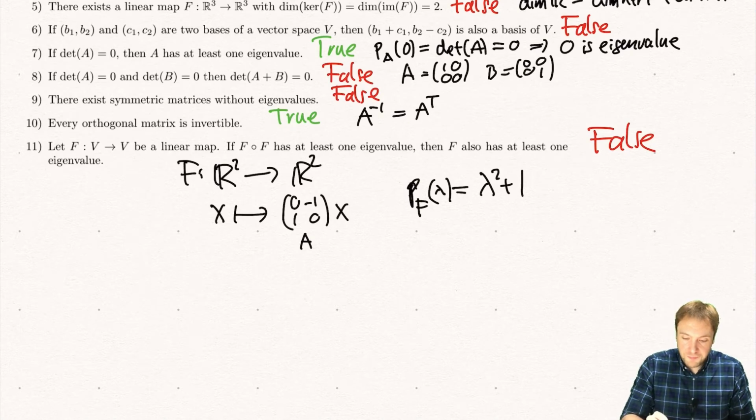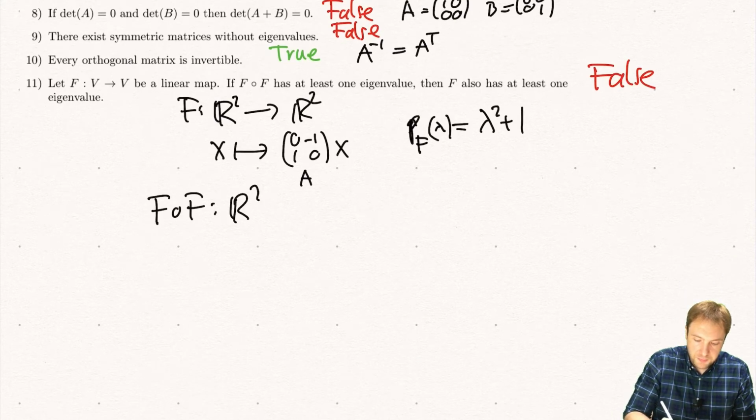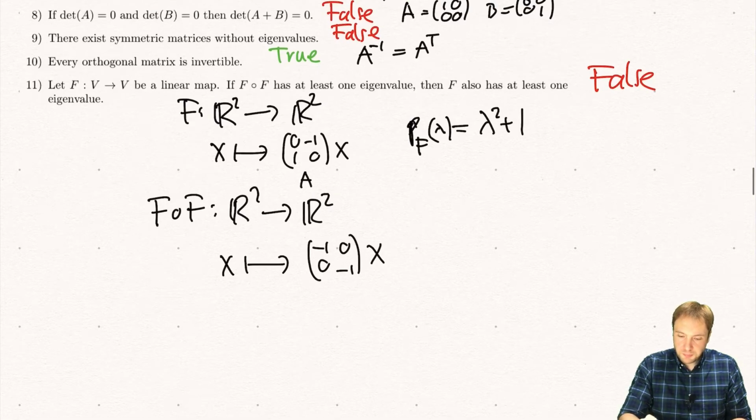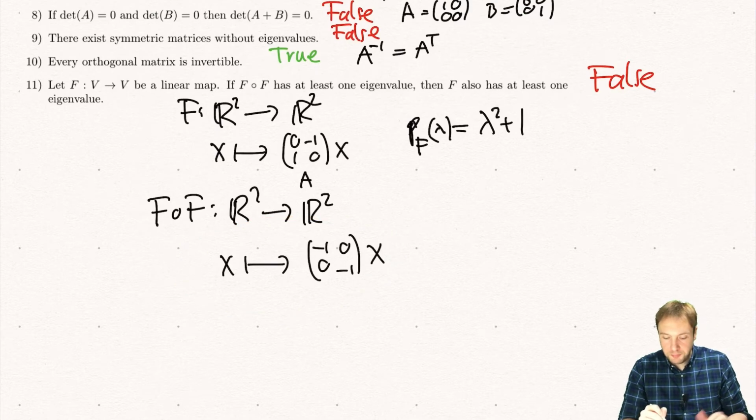But if I apply F twice, so what does F circle F do? You see that this just sends x to -1, 0, 0, -1 times x. So this has an eigenvalue, namely -1.